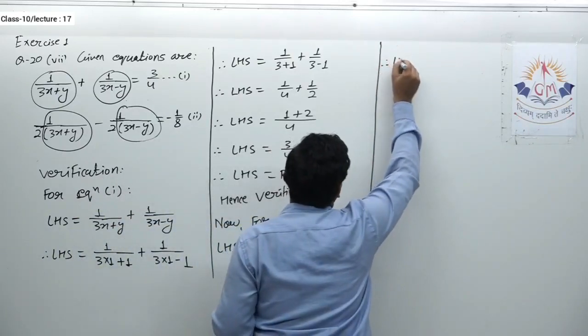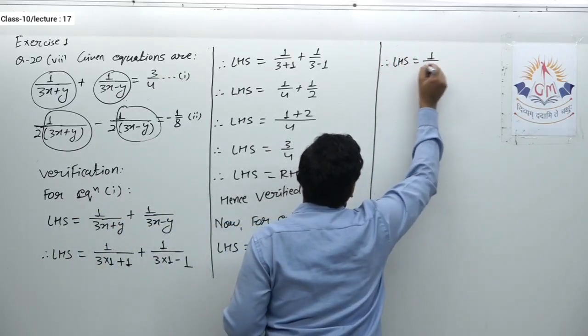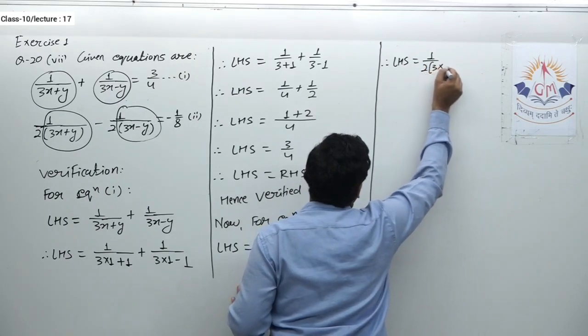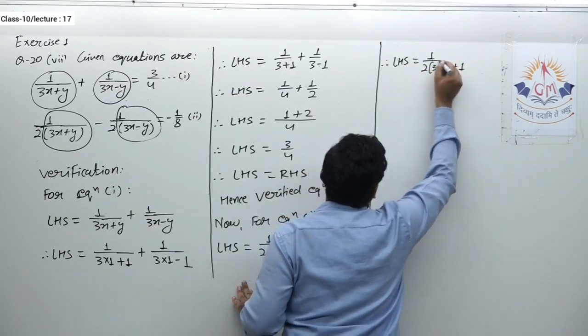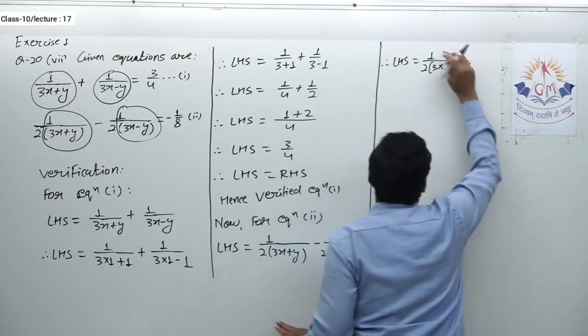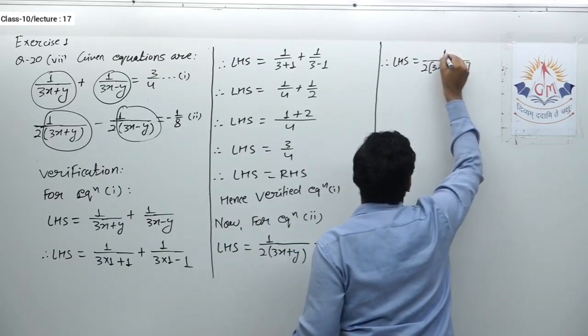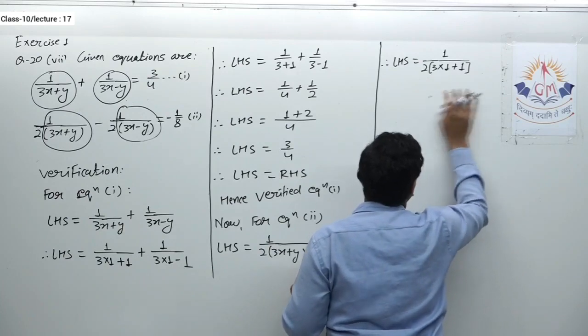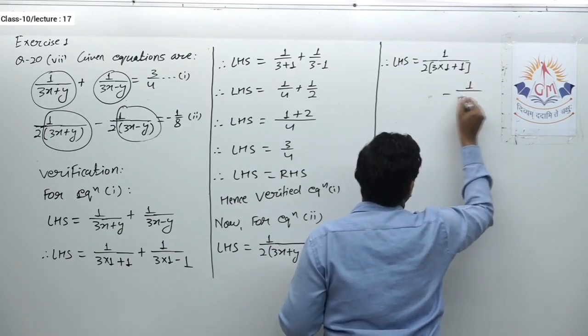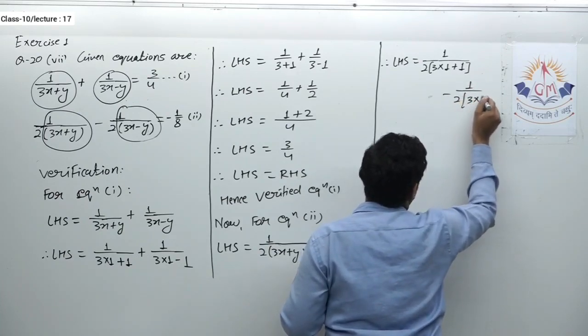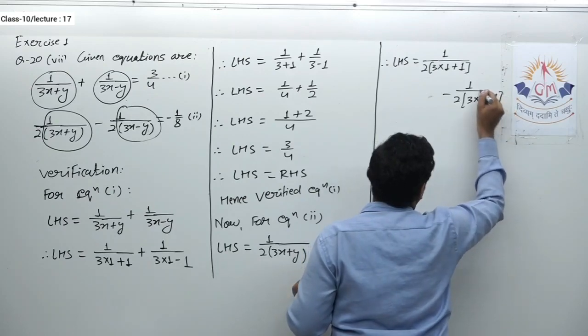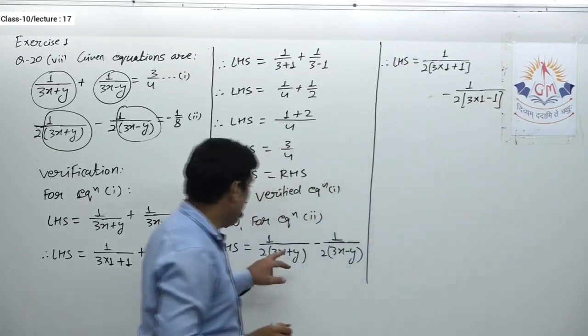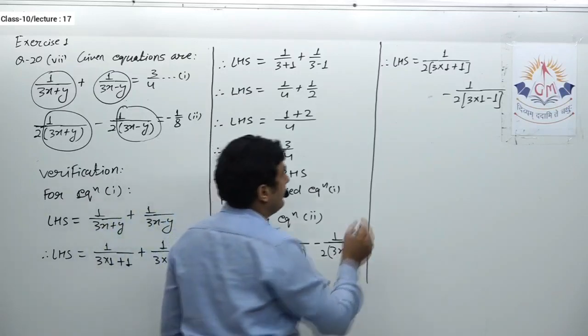So therefore LHS is equal to 1 upon 2 into 3 into 1 plus 1, minus 1 upon 2 into 3 into 1 minus 1. Simply I kept x equal to 1 and y equal to 1, that I obtained as my answer.